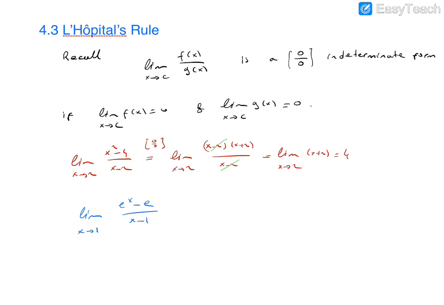This rule can be used whenever a limit is a 0 over 0 indeterminate form. So it can be used to evaluate both of these limits. So what does the L'Hopital's rule theorem say?